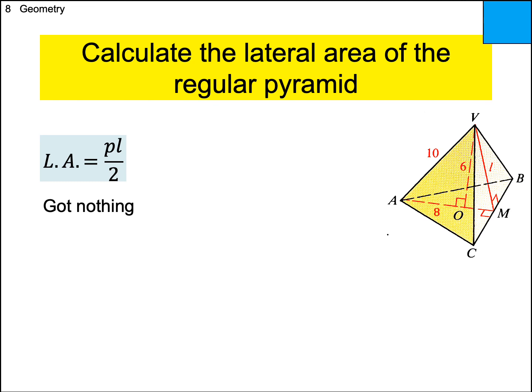We had a theorem a long time ago that said if you're given the center of an equilateral triangle, which that one is, then O is equidistant from the sides, and it breaks up the altitude, AM, into 2/3 and 1/3, meaning the long piece AO is 2/3 of the whole, and OM is 1/3.